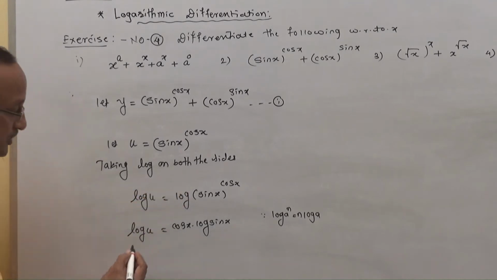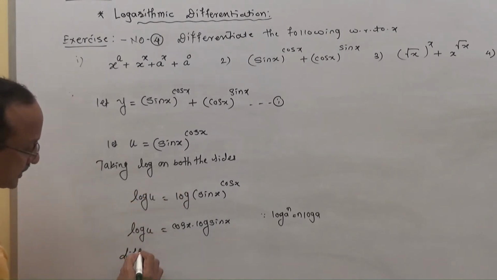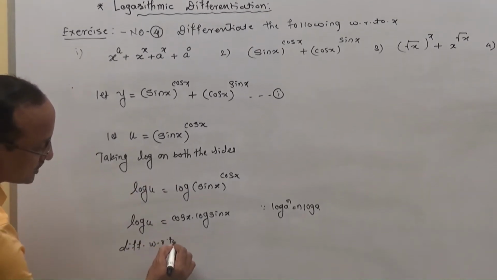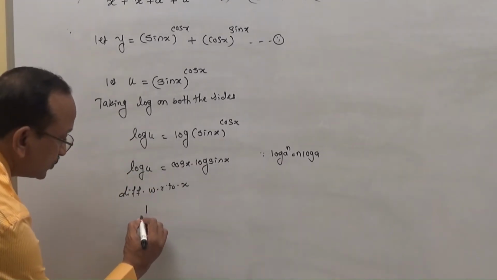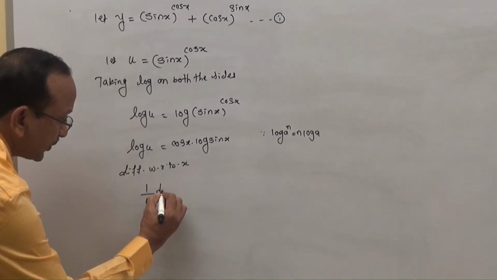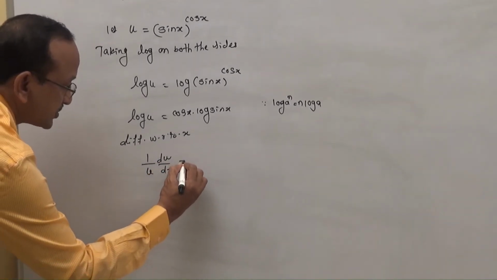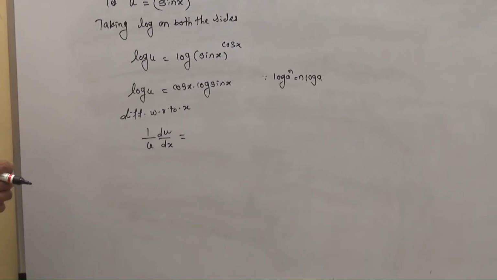Now after complete simplification, differentiate this function with respect to x. Then the derivative of log u is 1 upon u into du by dx.